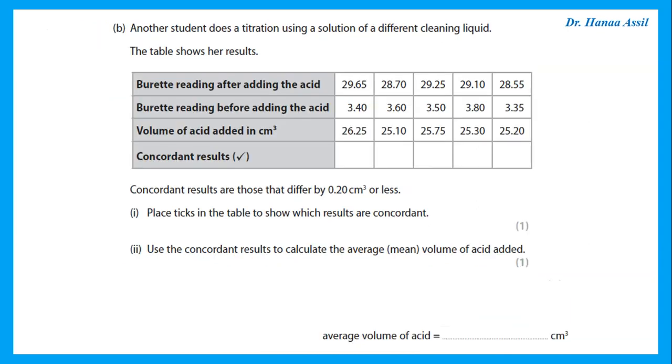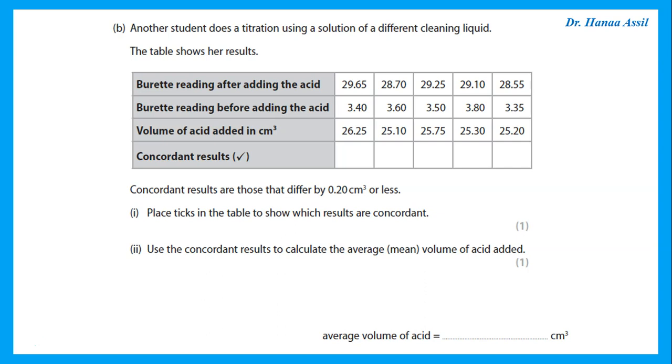Another student does a titration using a solution of a different cleaning liquid, and she got these results. Concordant results are those that differ by 0.2 or less. So, place ticks in the table to show which results are concordant. Again, I'm going to remind you, when we do titration, we don't do it just once. We do it several times, 2, 3, 4 times, until we get concordant results.